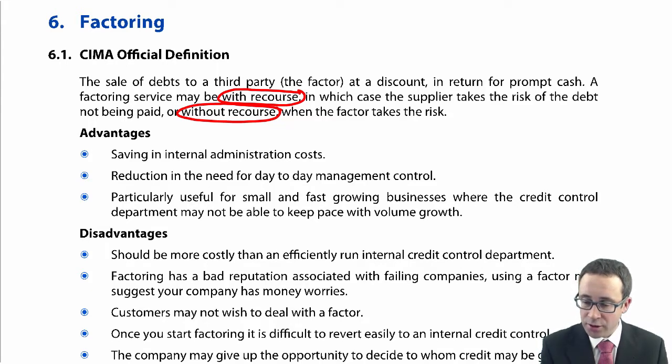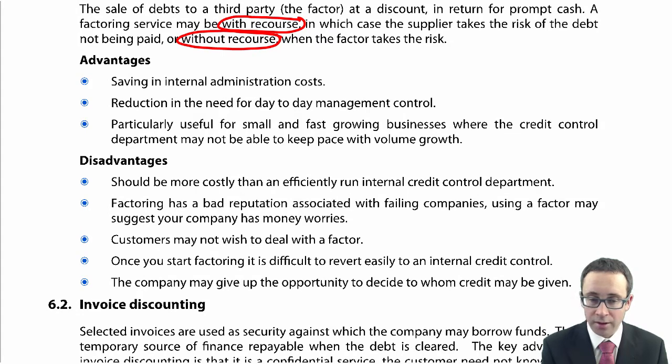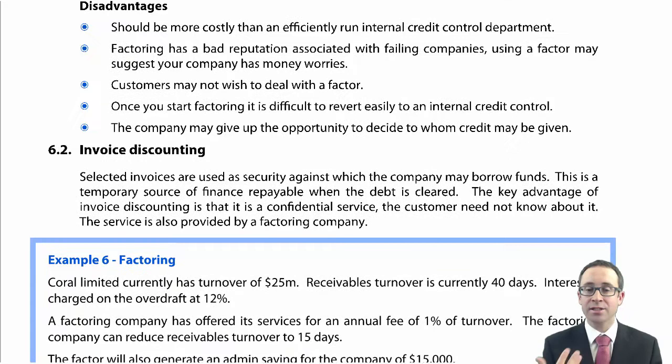Do just be aware, as useful as using a factor is, there are also some disadvantages that we need to consider. It could overall be more costly if you are a more developed business because you have well-run credit collection procedures. So maybe approaching the factor would make it too expensive.